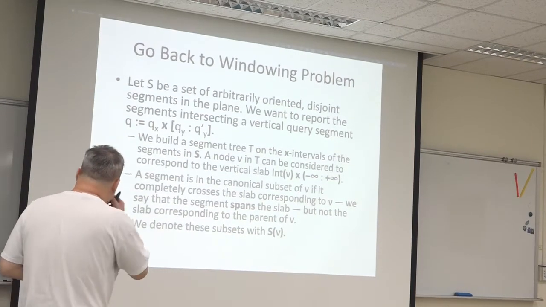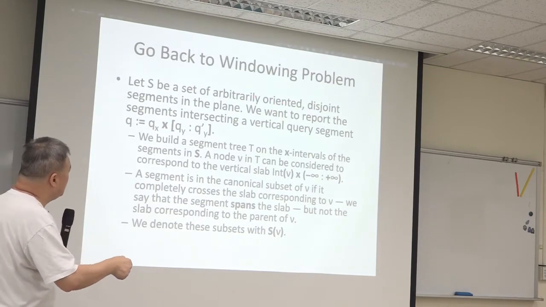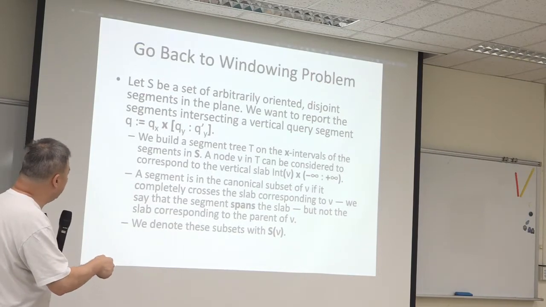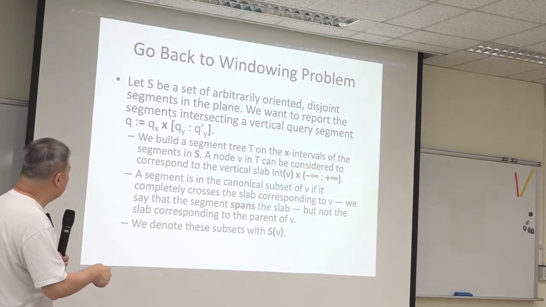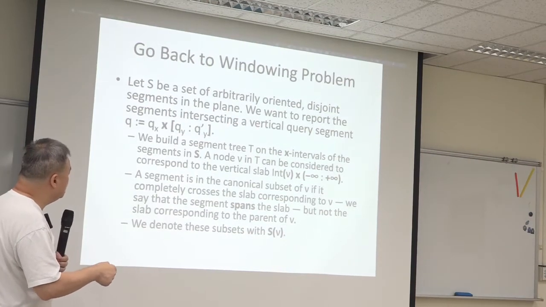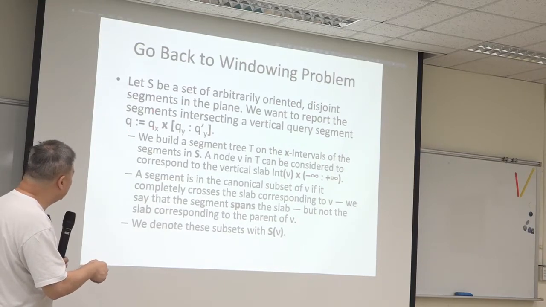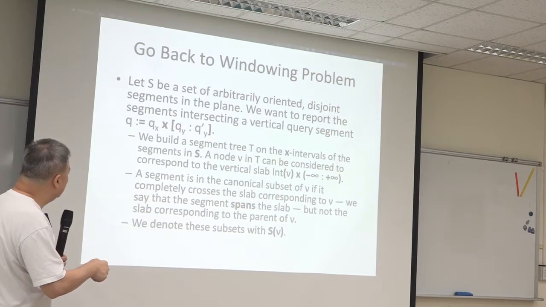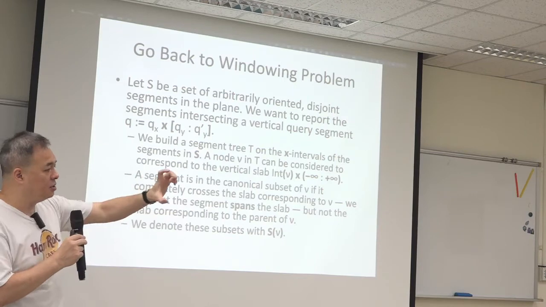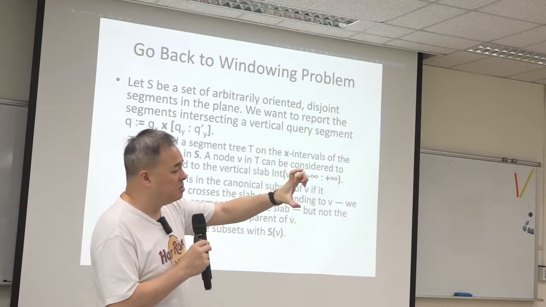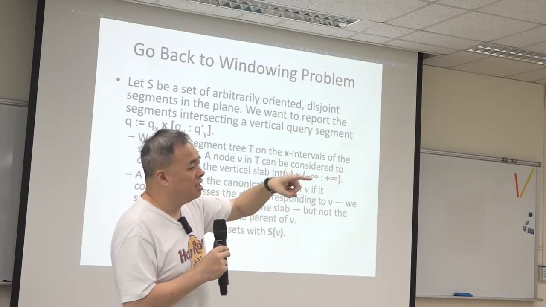So here, let S be a set of arbitrarily oriented disjoint segments in the plane. We want to report the segments intersecting a vertical query segment Q, which is qx times a y range, so it has a certain x coordinate and a y coordinate range.